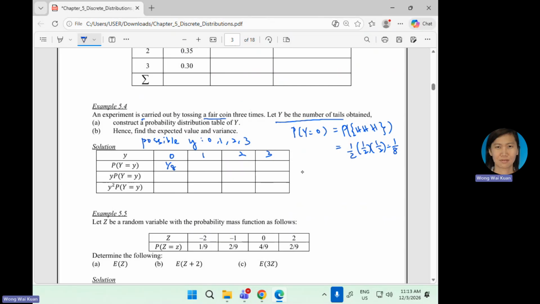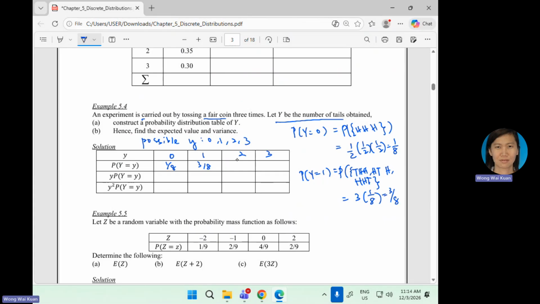Okay? How can you have Y equals 1? Tail, head, head; head, tail, head; and head, head, tail, right? Each is 1/8, and you have 3 times 1/8, so you have 3/8.